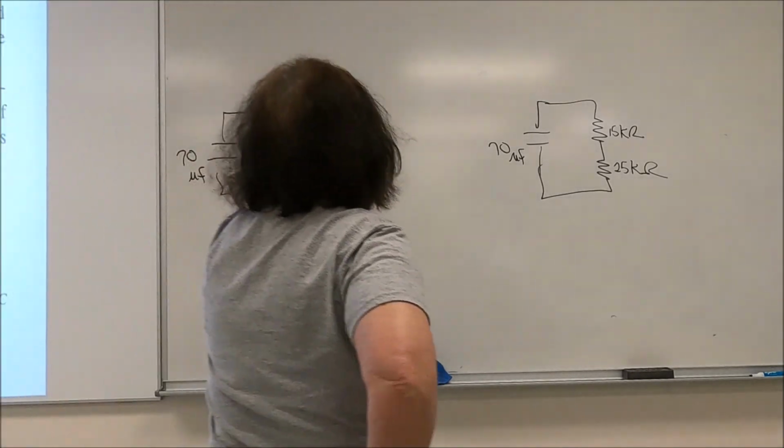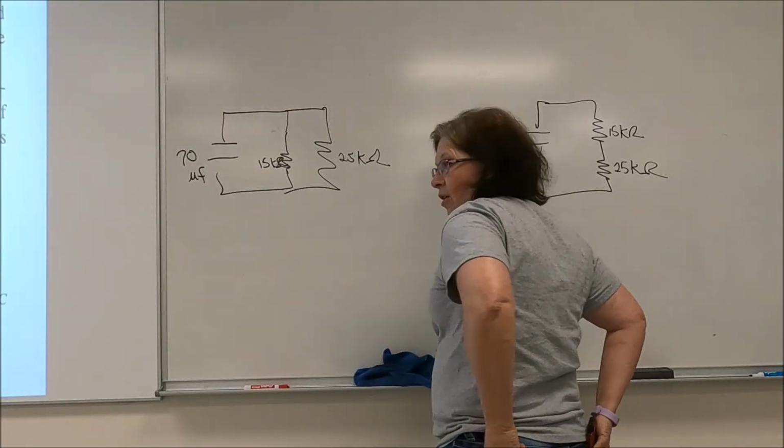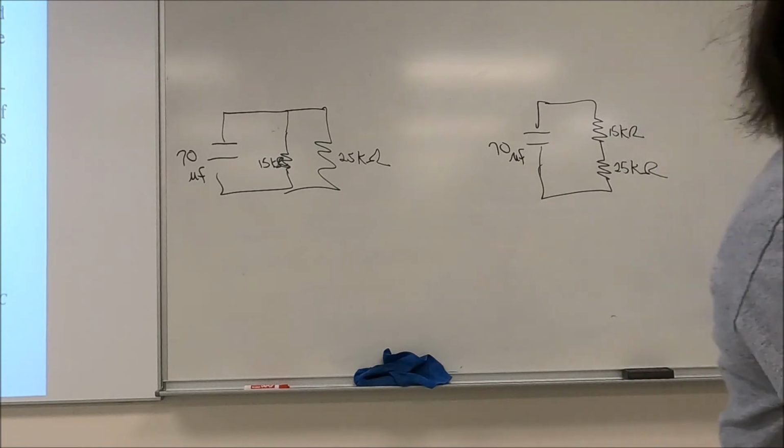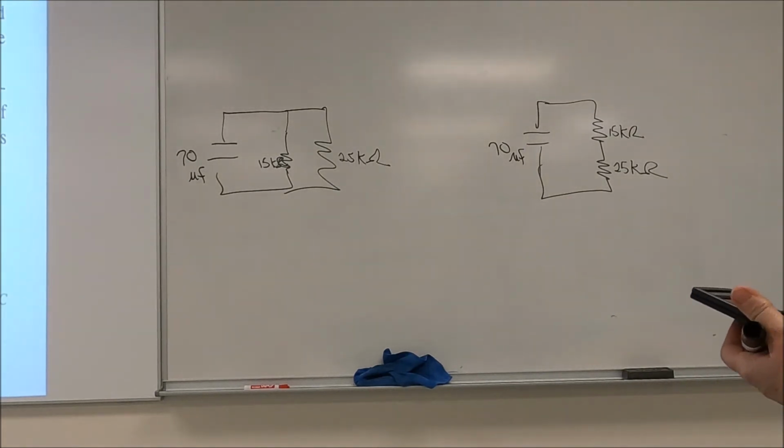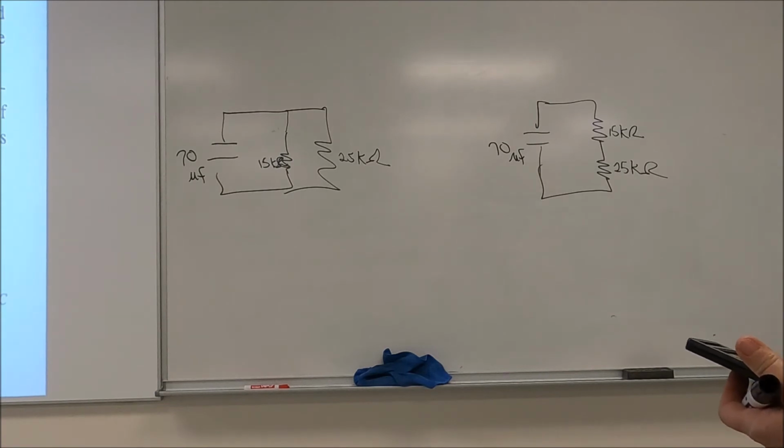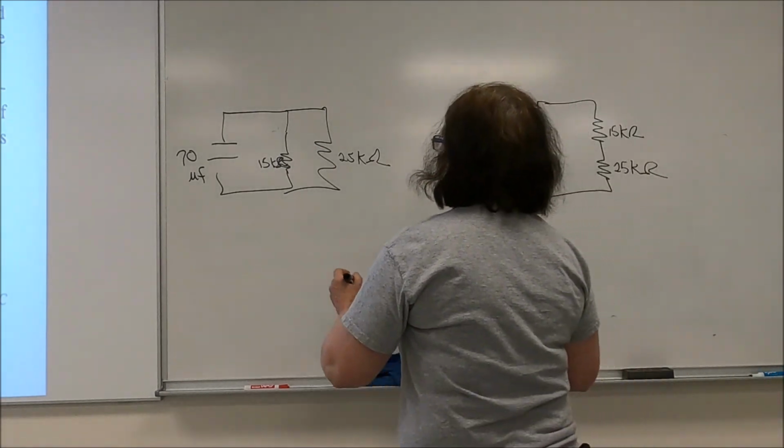First I have to get the equivalent resistance here. So I have 1 over 15 plus 1 over 25, so the equivalent is 9.375 kiloohms.